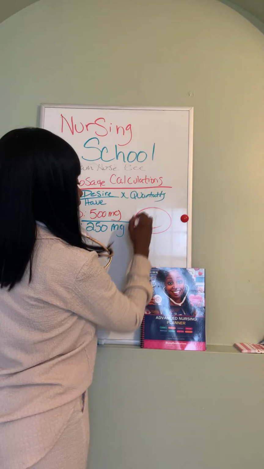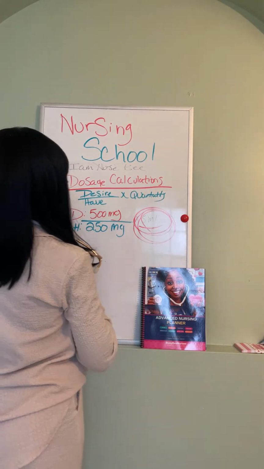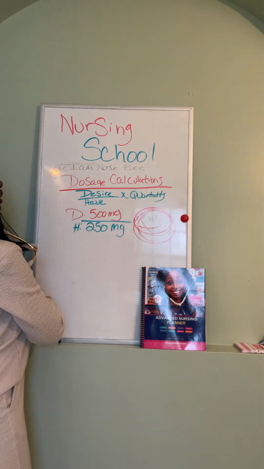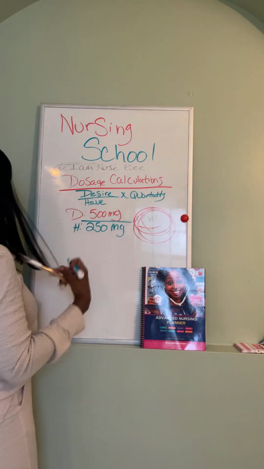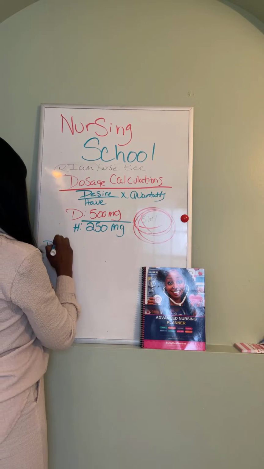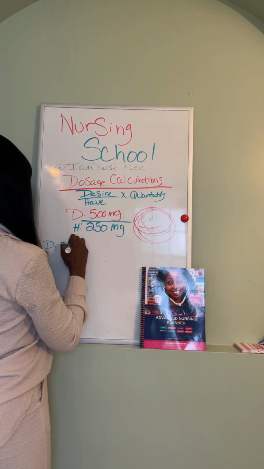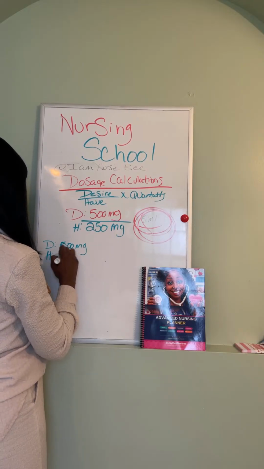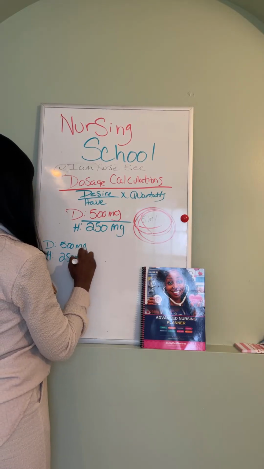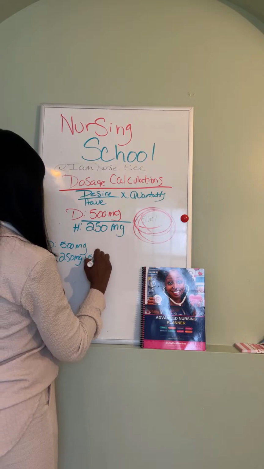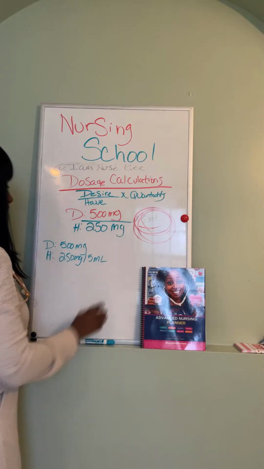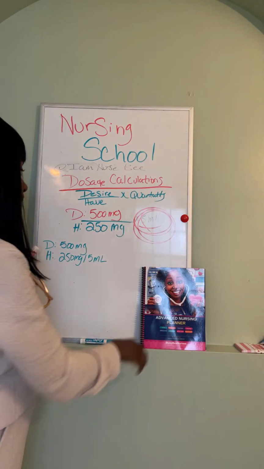And what are we going to do with this number here? The question is desired 500 milligrams. What we have on hand is 250 milligrams per 5 mL. How are you going to calculate this 5 in here?